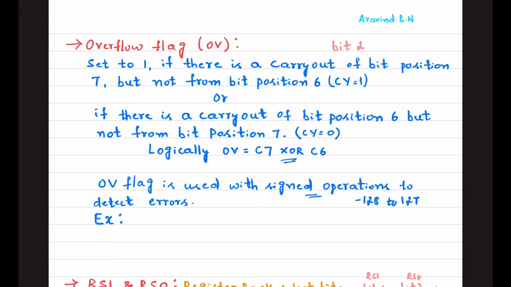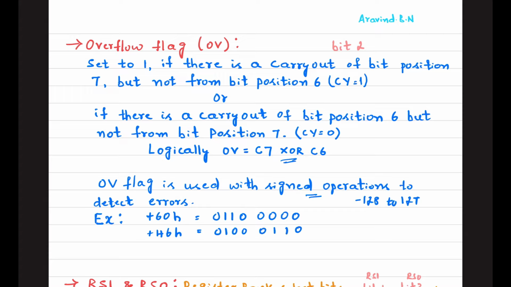Let us consider the addition of two numbers. One is plus 60 in hexadecimal, whose equivalent binary value is 0, 1, 1, 0, 0, 0, 0, 0. Then plus 46 we are going to consider, whose equivalent representation is 0, 1, 0, 0, 0, 1, 1, 0.